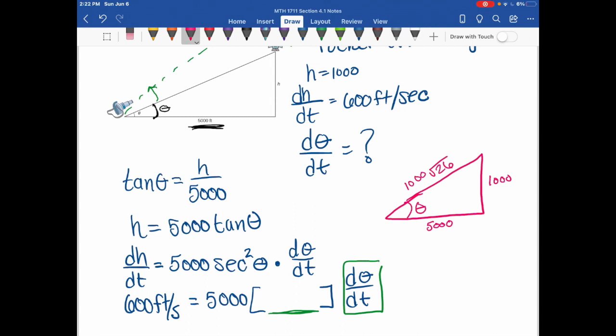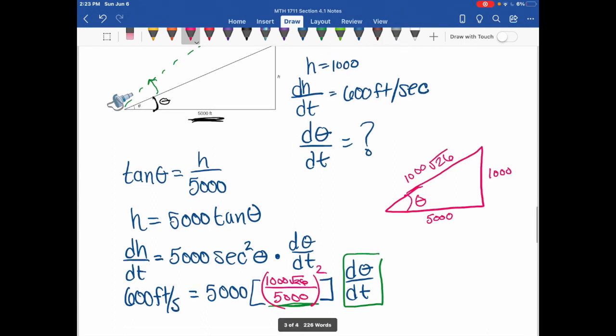So now, if we're looking at this angle, I can figure out what secant is. Secant is hypotenuse over adjacent, which would be 1,000 square root of 26 over 5,000. So I can now put that in for secant here. So secant of θ is 1,000 square root of 26 over 5,000.